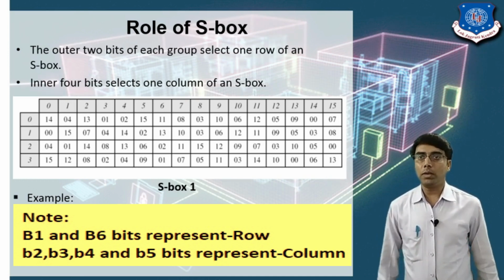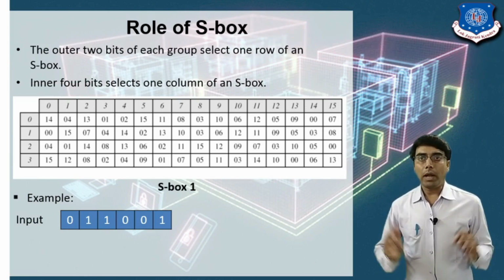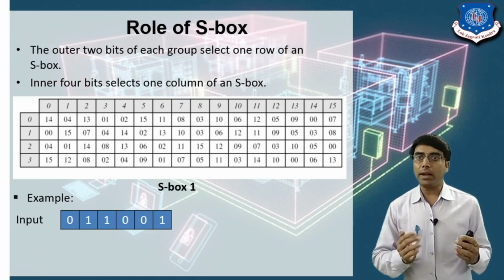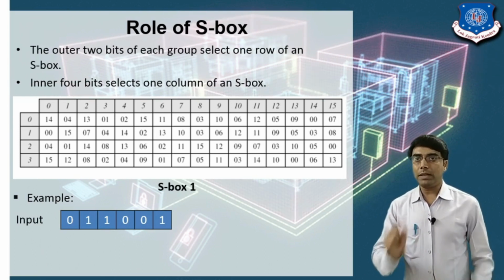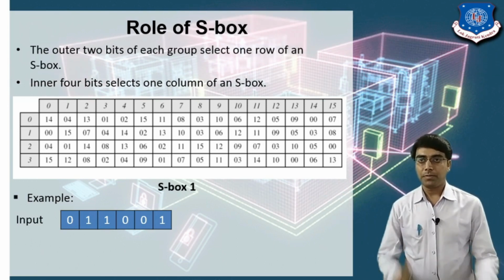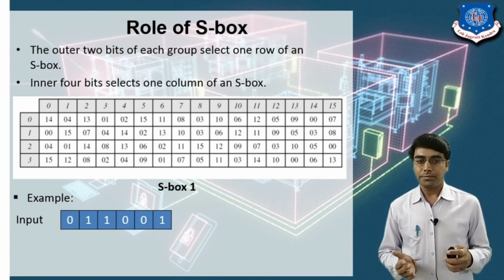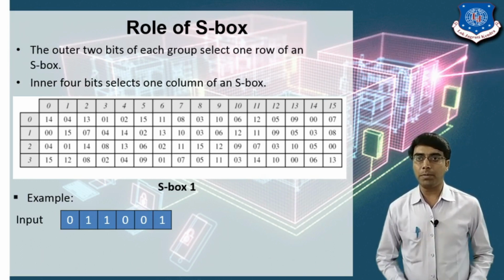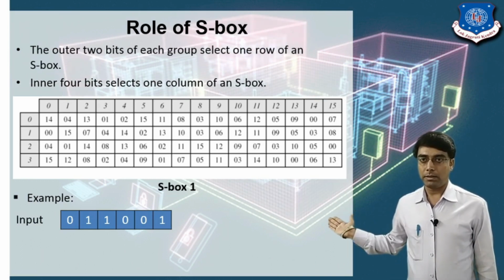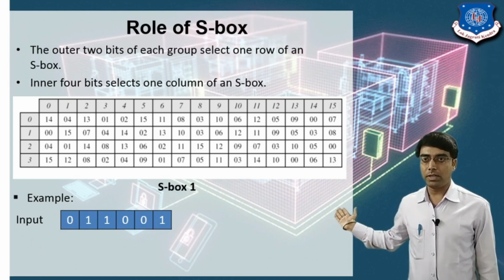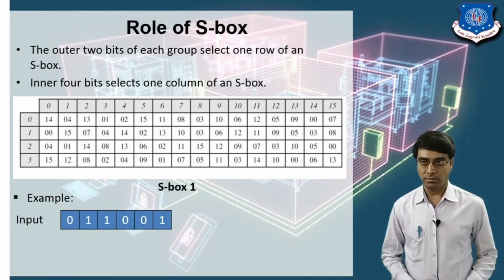So now you can see the intersection of this row and column generates a 4-bit output. Now let's take one example. The S box has a 6-bit input. Here you can see the 6 bits are 0, 1, 1, 0, 0, 1.